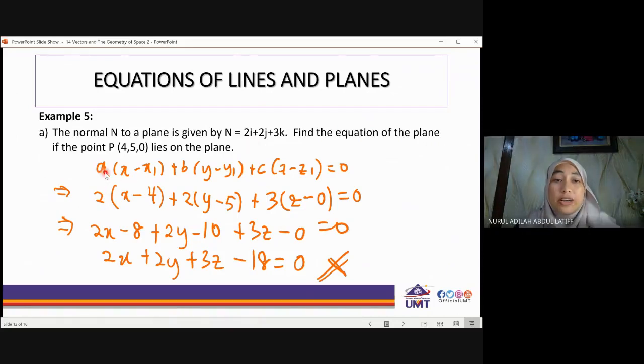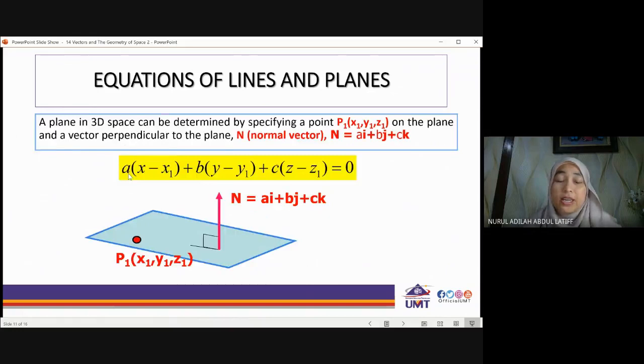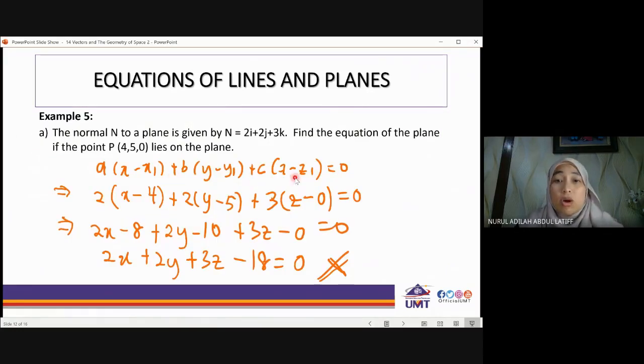Now we have the equation from the side here. How to find the equation of the plane? Just substitute. In this case, a is 2: 2(x minus 4) plus 2(y minus 5) plus 3(z minus 0).